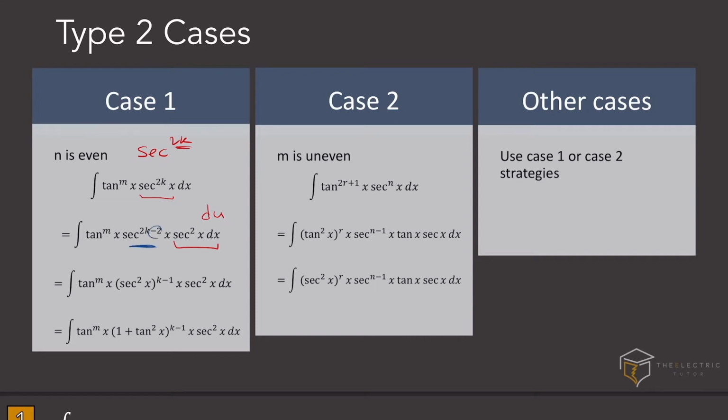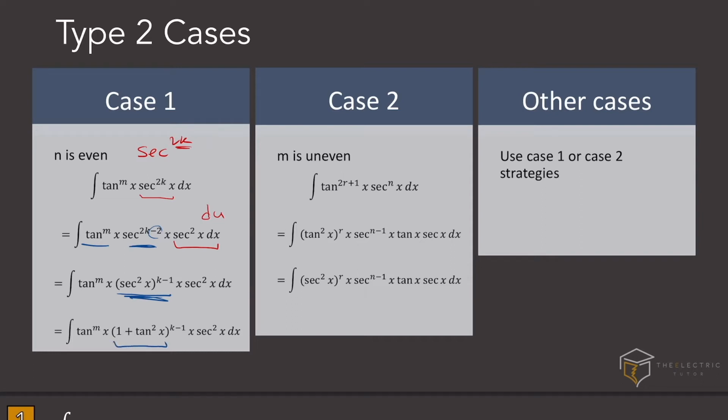In tangent we leave it untouched, and the next step, if once again the secant is raised to an even power that's higher than 2, like 4, 6, 8, then rewrite it such that we can apply an identity, and this one is basically secant squared equals 1 plus tangent squared. We substitute that in.